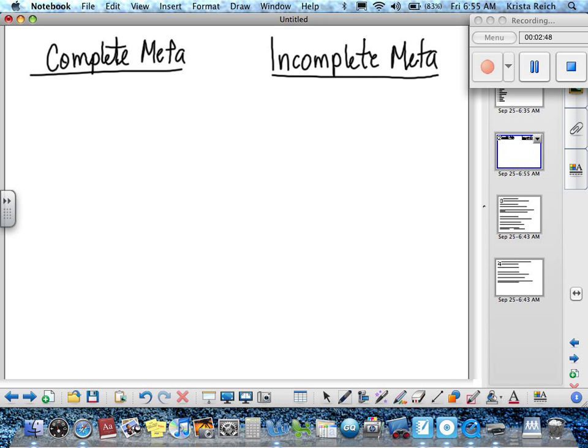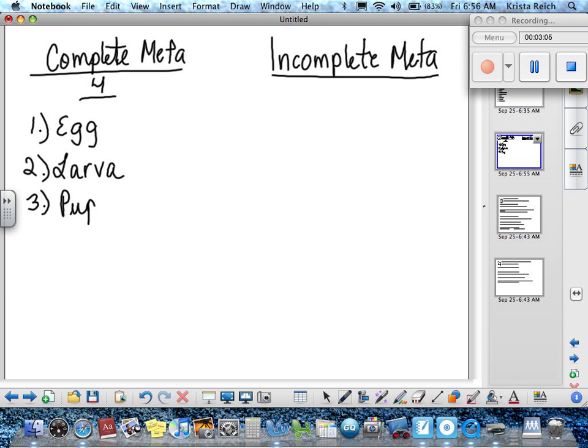Okay, so in complete metamorphosis, there are 4 stages, all beginning, of course, with the egg. Next is the larva. The 3rd stage being the pupa, and that was actually a vocabulary word in the beginning. And the 4th stage ending with being an adult, having all the characteristics and everything that it needs to function out in the world.